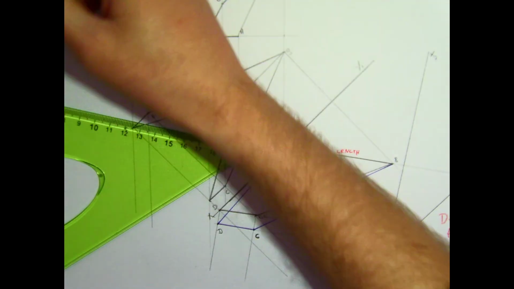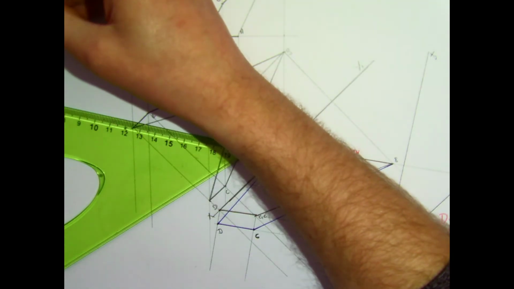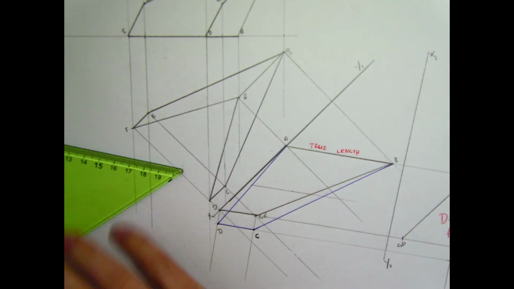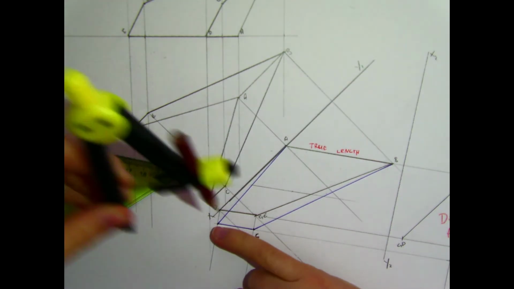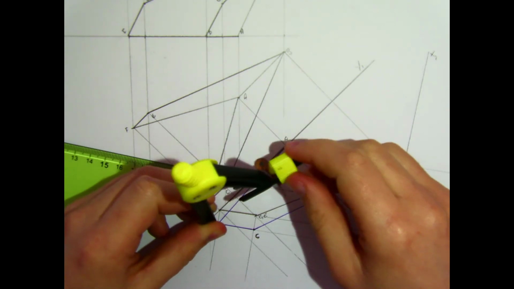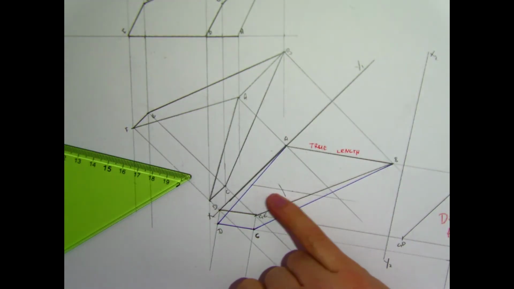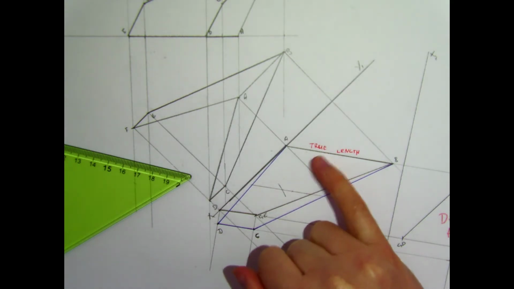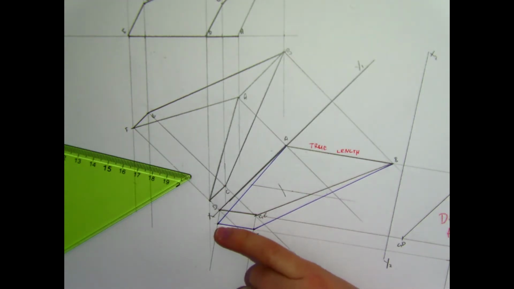And we're told in the question that it's 50 millimeters from point D. Point D is the one down here. So if I swing an arc now that's 50 millimeters from there, where that arc intersects the straight line is both 30 millimeters away from my true length line and 30 millimeters away from here.